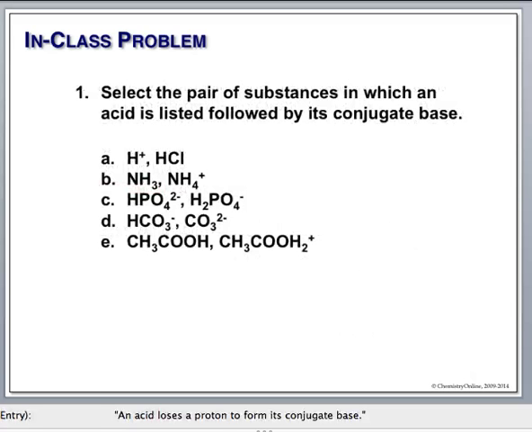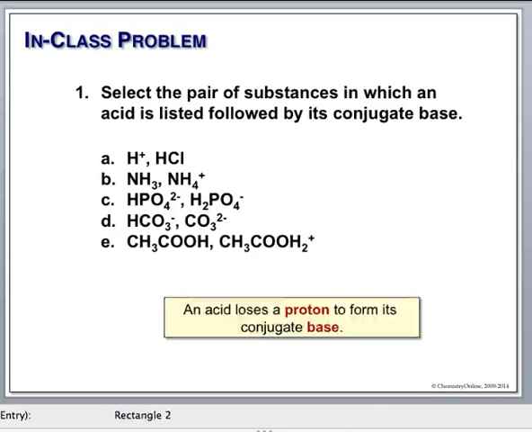A Bronsted acid does what to form its conjugate base? Loses a proton. Bronsted acid loses a proton to form its conjugate base. So you're looking for a pair that differ by 1 proton, and the acid side has to have 1 more than this side.